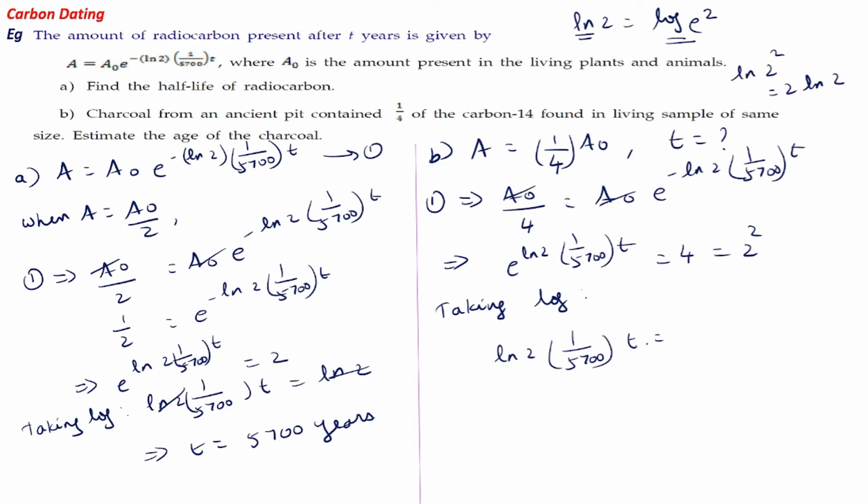This property we have studied in logarithms. So ln 2 will cancel. From this we get T is equal to 5700 into 2, or it is equal to 11,400 years. So the age of the charcoal is 11,400 years.